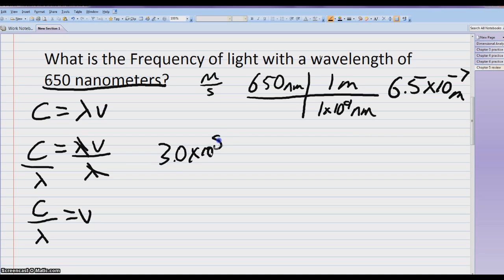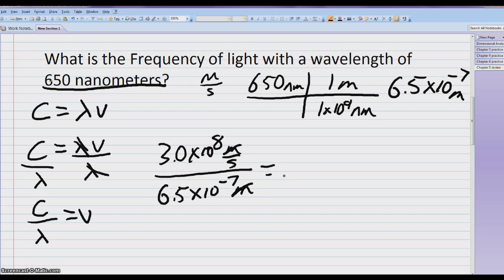So let's plug our numbers in. We've got 3.0 times 10 to the 8th meters per second over lambda, which we calculated earlier, of 6.5 times 10 to the negative 7th meters. If we're thinking unit cancellation, the meters cancel out there.